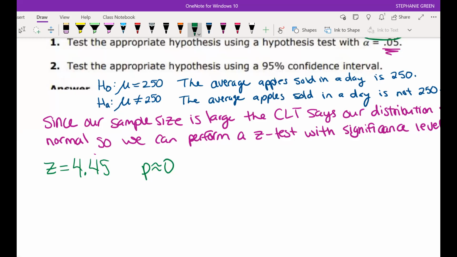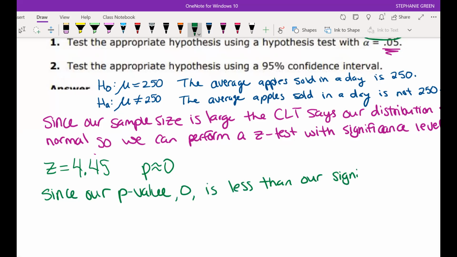All right, so our conclusion is that since our p-value 0 is less than our significance level, alpha 0.05, we reject the null. So what does that mean in context of the problem?